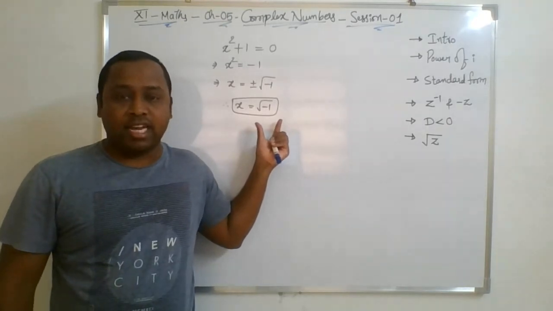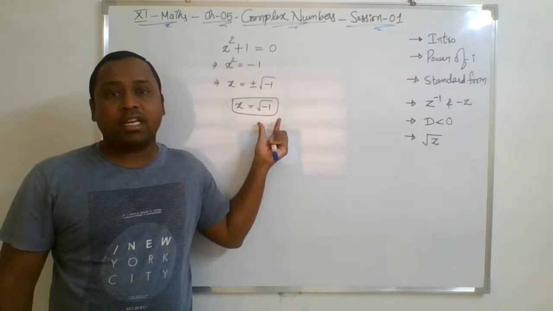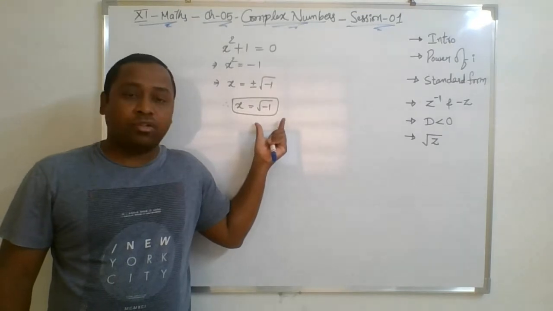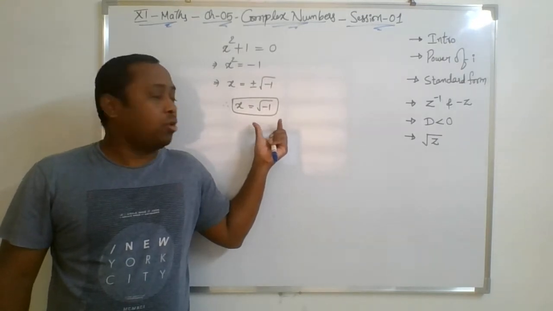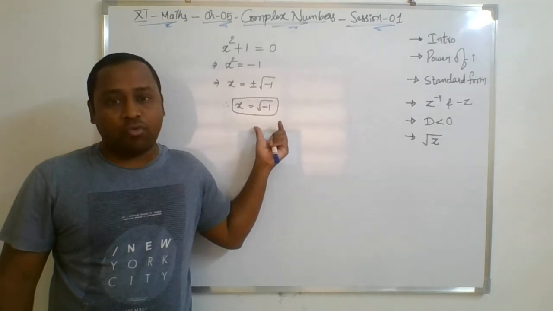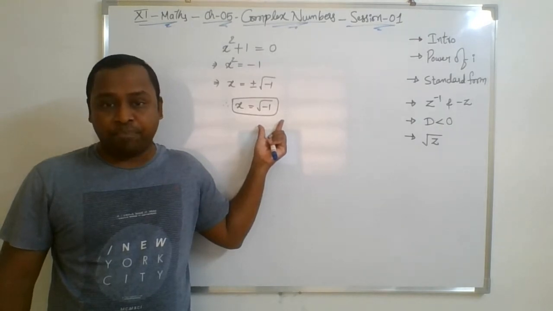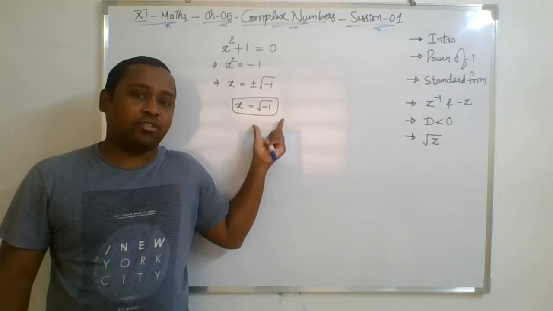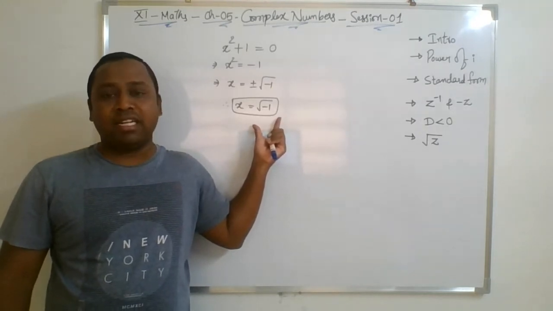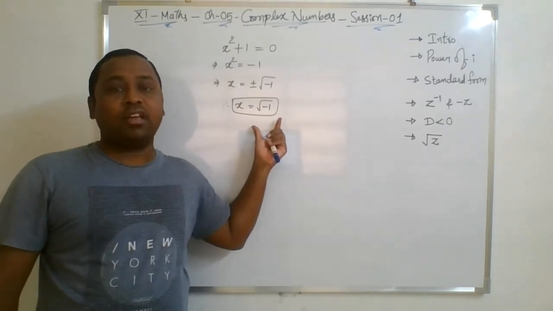So, under root of negative numbers are accepted in the imaginary number system, introduced by Leonardo Euler. First time he solved this type of quadratic equation by assuming this is an imaginary number. So since it is an imaginary number, he denoted this under root of minus 1 with I. I stands for imaginary number.